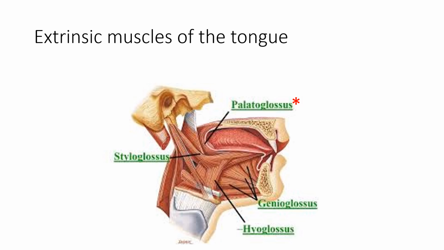So palatoglossus is going to go from the tongue onto the palate. Genioglossus is going to go from the tongue itself to a structure called the genial tubercles located on the mandible itself.